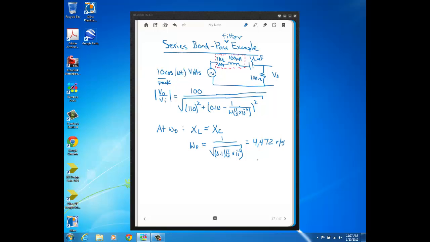And as I mentioned in a previous video, omega in radians per second is equal to 2 pi f, where f is in hertz or cycles per second. So if you wanted this resonant frequency in hertz, you just divide by 2 pi.